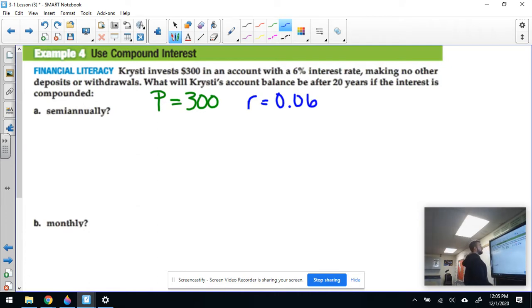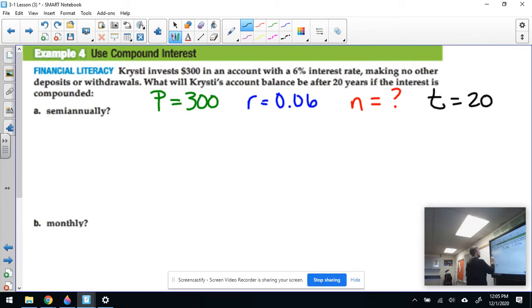That's our rate. N is going to change, so we're going to make a note of that. N equals question mark. And finally, our time, T, is 20 years, right? We're going to do this problem 3 different times, changing N every time, to see how much money is in our account.